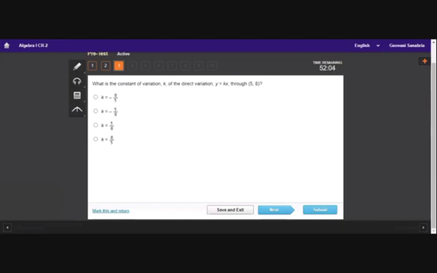That would give me a negative 8, so that one's not it. So it'd be the last one then, because that will give you the same thing except a positive 8, and that's what you want. Cool.